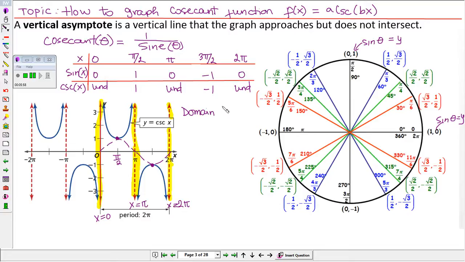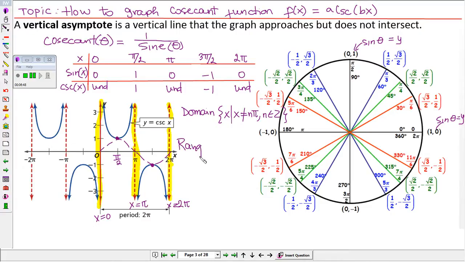So for our domain, we can say it is the set of all numbers x such that we don't include the vertical asymptotes, which are where the x-intercepts of the sine function are. It means x cannot be a multiple of pi, n times pi, where n is an element of the set of integers. So that will be the domain.